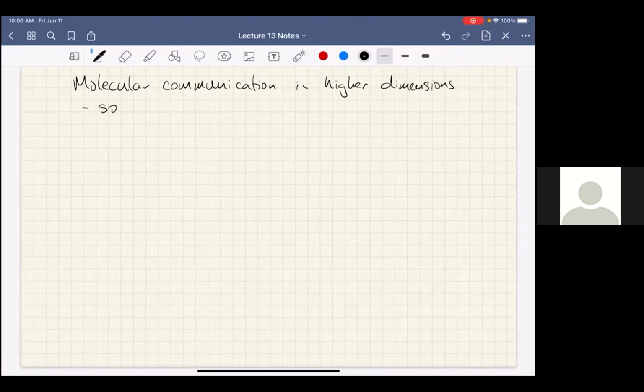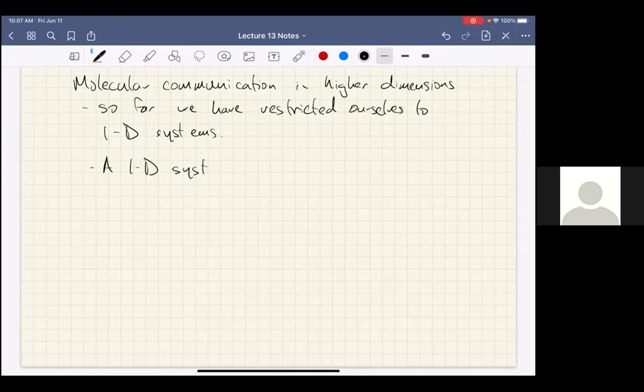So far, we have restricted ourselves to 1D systems. And this is done for convenience and because they are easy to analyze. I would like to point out that a 1D system can be mapped to a 3D system as follows.